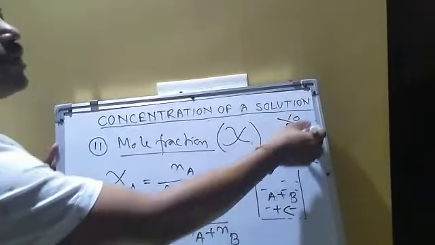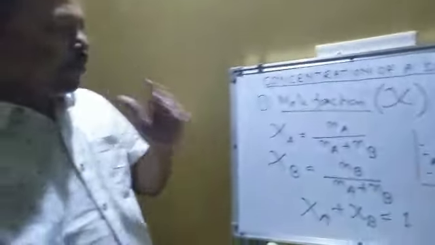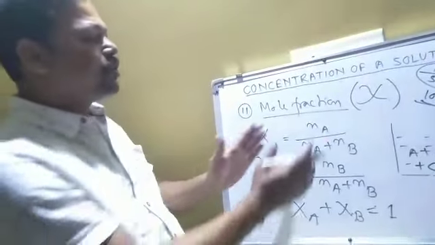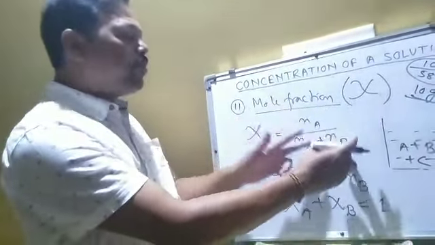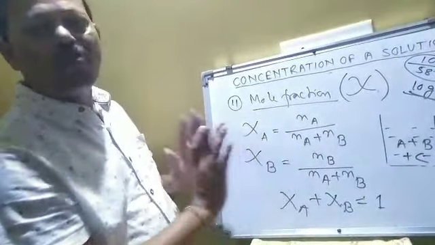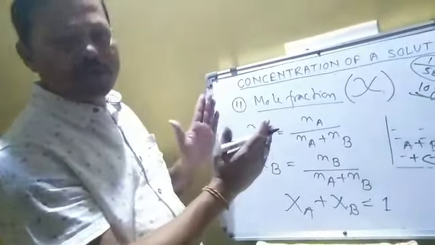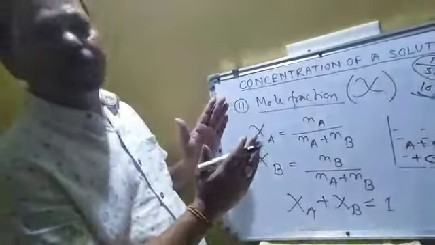Like this way you can determine the number of moles. So to determine number of moles, you do given mass divided by molar mass, and if you get the number of moles, then you can determine mole fraction also. So this is another unit to express the concentration of a solution.